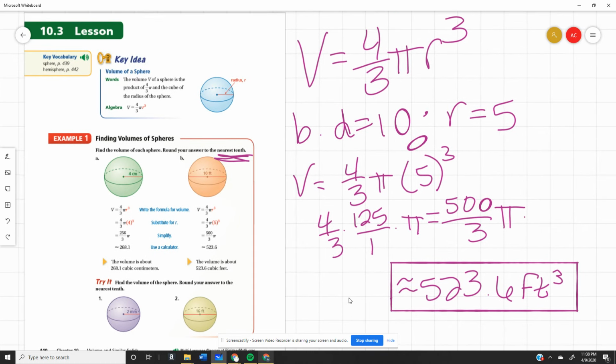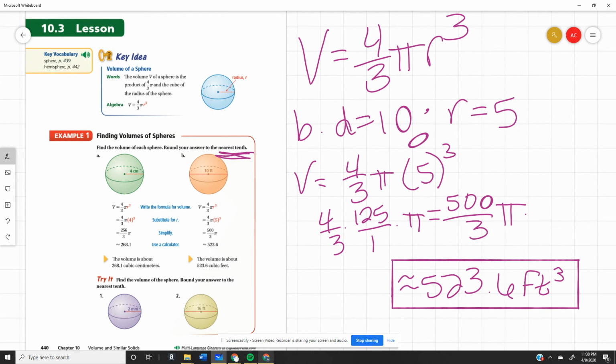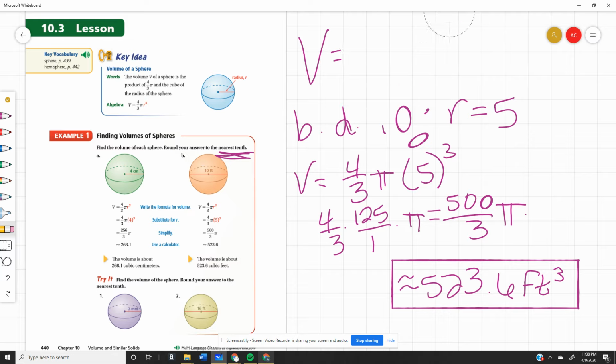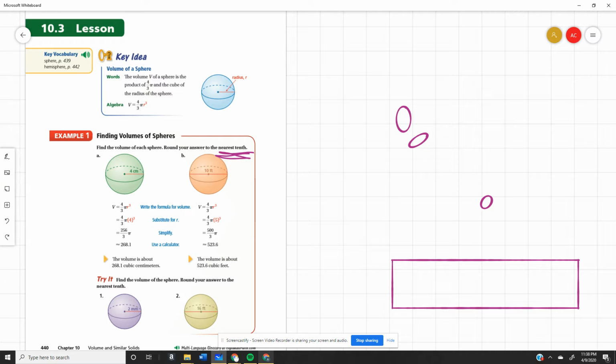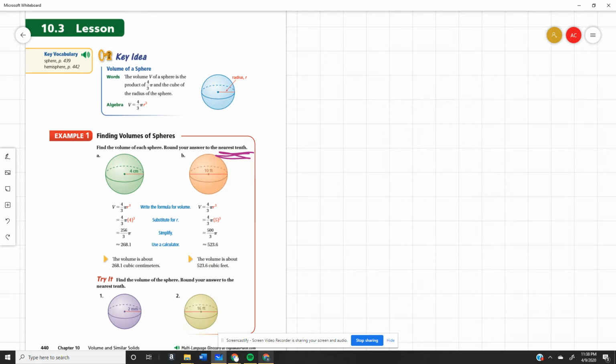The material that I used last year to teach volume of cylinders, cubes, and cones, which is what we've done 10.1, 10.2, 10.3, was actually a lot better because it explained how a cylinder and a cone relate to a cube. And I kind of missed that because it did a really good job about it. So let's do the try it. Sorry, my tangent. Let's do the try it.